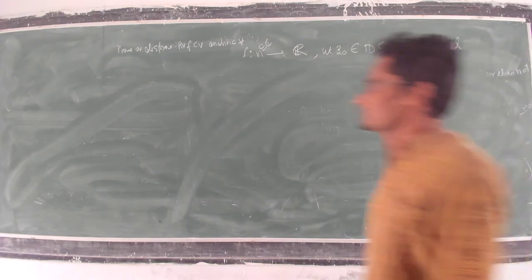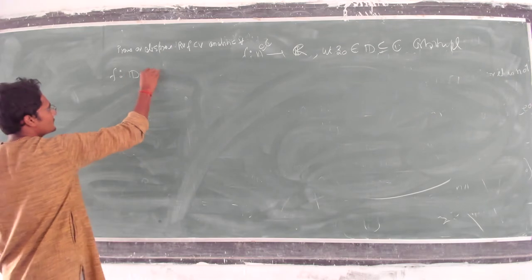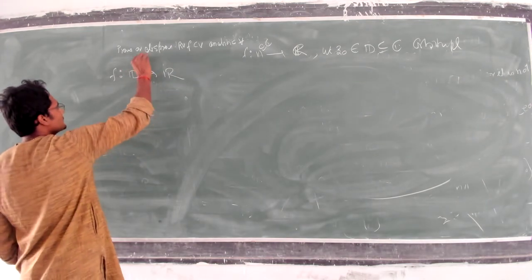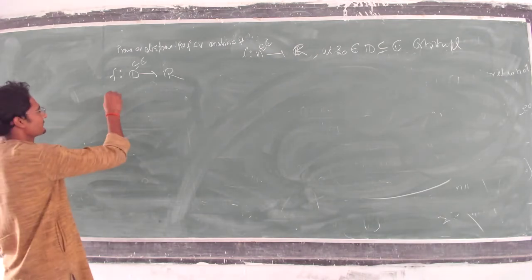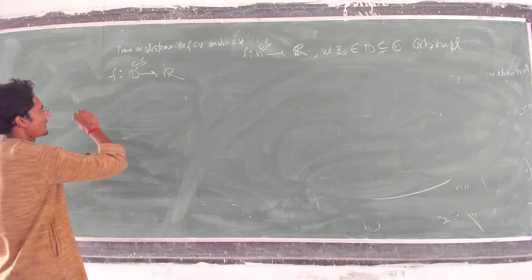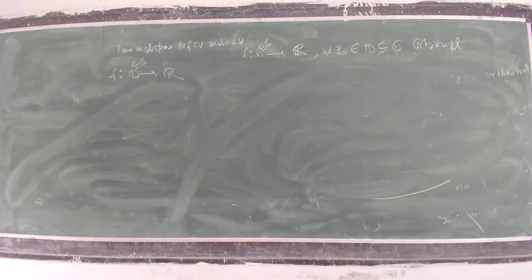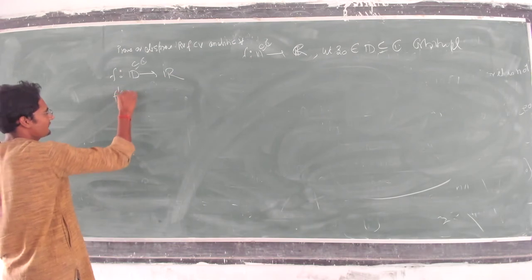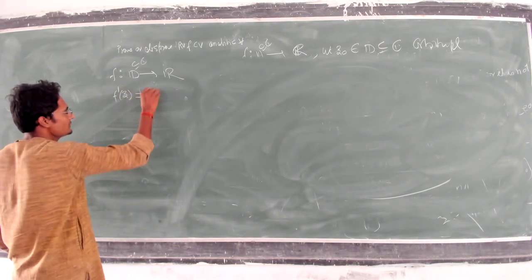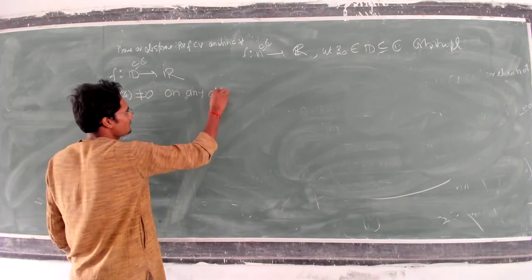Okay, so the comment: the real valued function f we had observed. First of all, it is non-constant. Non-constant means, if you remember, that f dash z cannot be zero on any disk. This is okay to everyone?